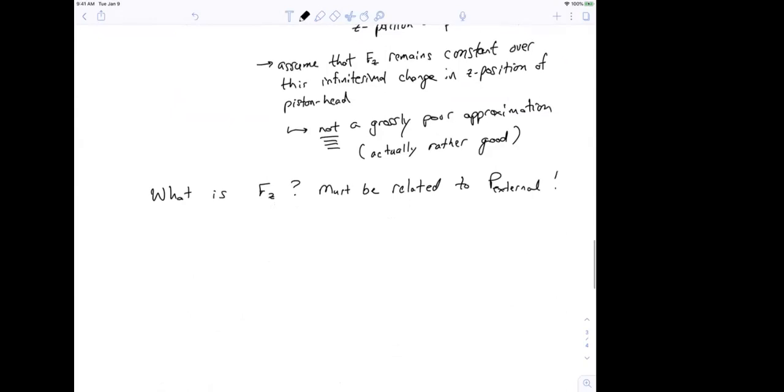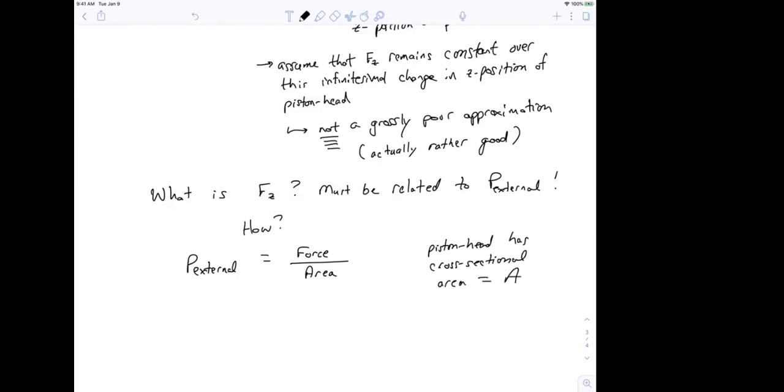How is this? Well, we know that P external, from the definition of what pressure is, if you look at the units, is force per unit area. So P external is some external force per unit area. And I remind you that the piston head has cross-sectional area equal to A. And that was just up here.